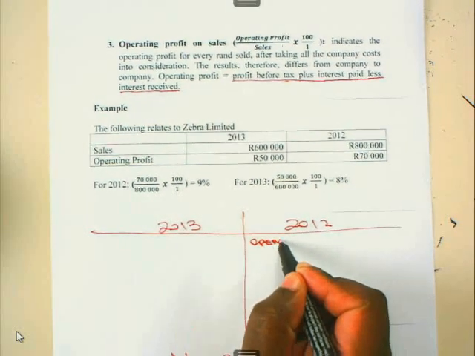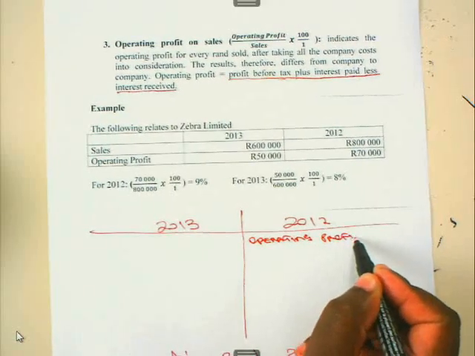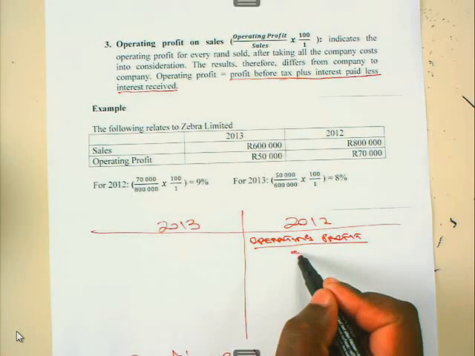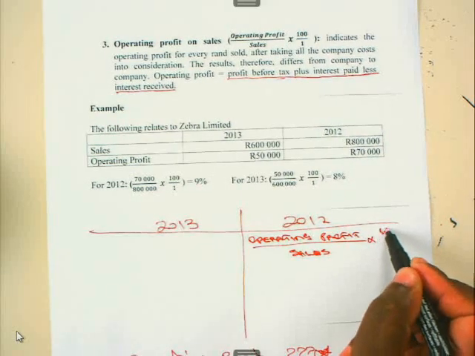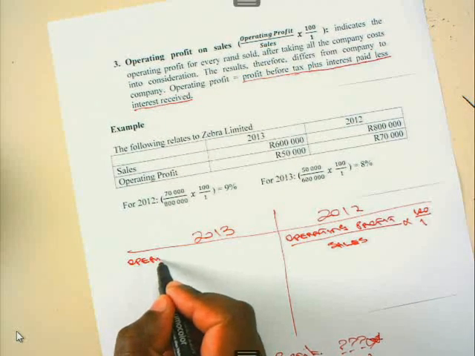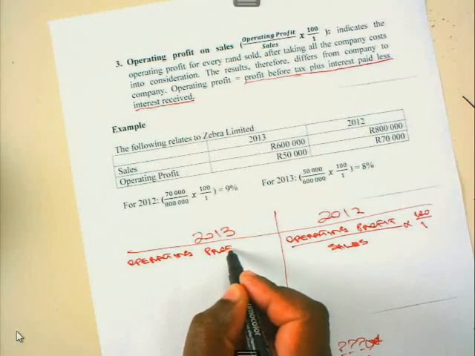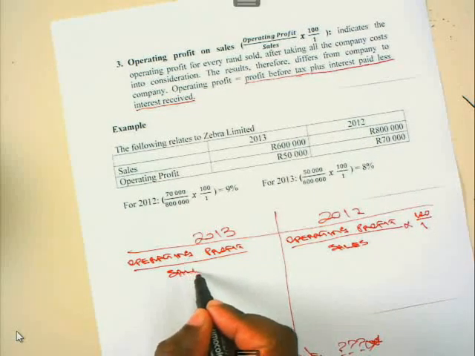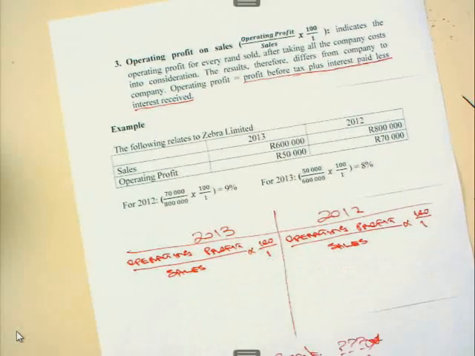We have your operating profit over sales. We'll multiply that by 100 over 1.